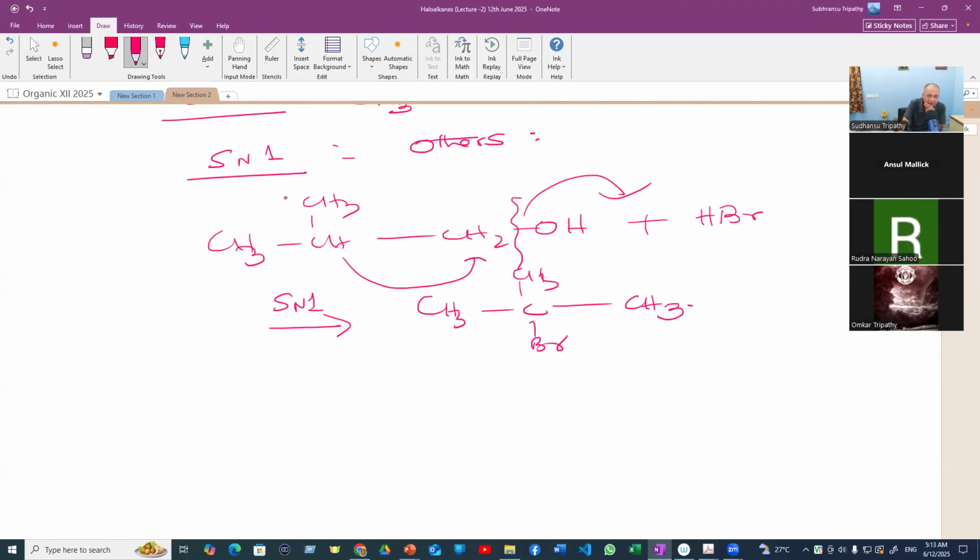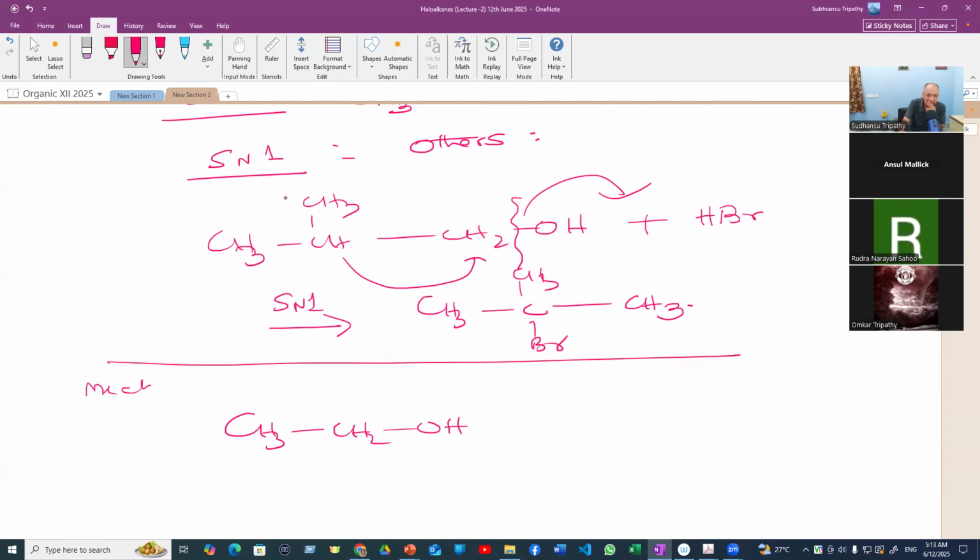But if there is no rearrangement, supposing it is ethanol, the mechanism, if you write in detail, I have not written the mechanism in the first example.